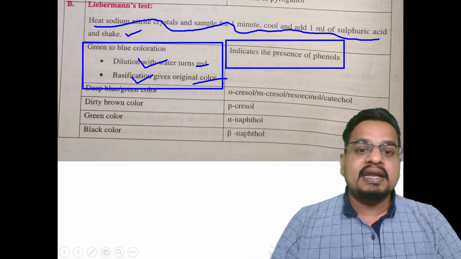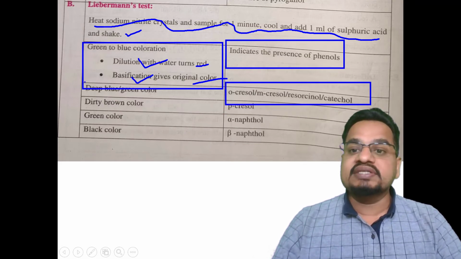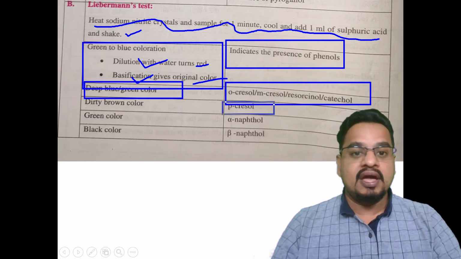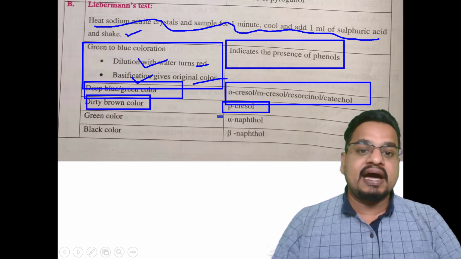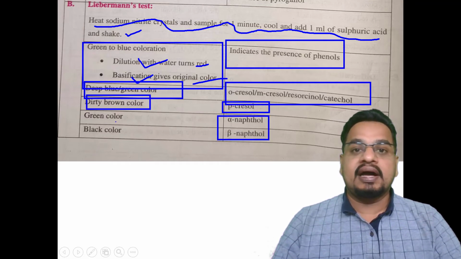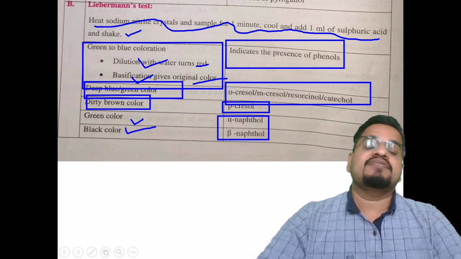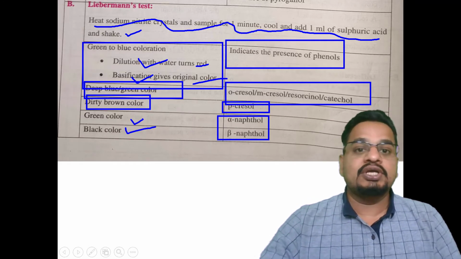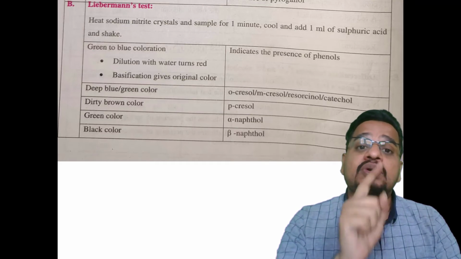Got that? Then orthocresol, metacresol, resorcinol, catechol, what is the color formation? Deep blue or green coloration. Paracresol gives a brown coloration. Then alpha naphthol and beta naphthol give green or black color. So by observing these different colors, you can say which particular phenol it is.